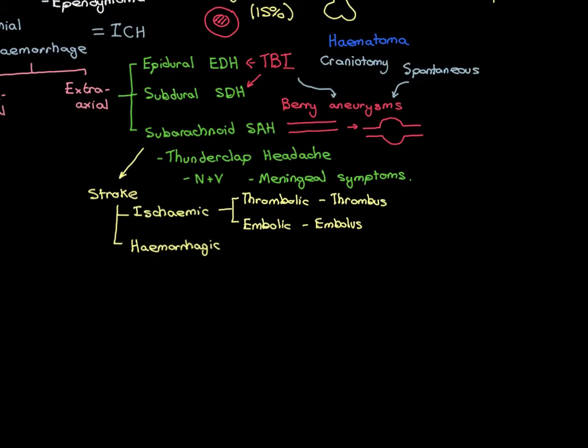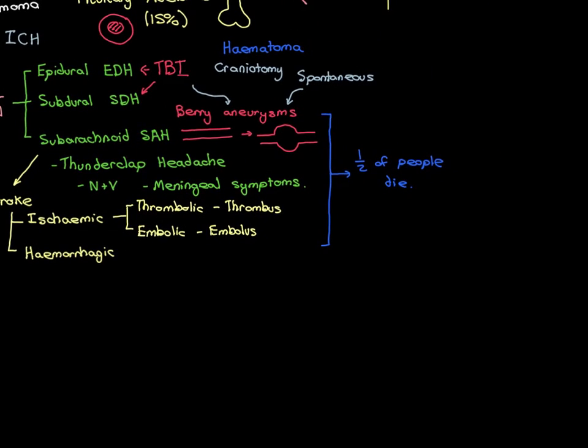So the subarachnoid hemorrhage, as you can see, is more complicated than epidural hemorrhage and subdural hemorrhage because there are all sorts of things that can go on here. If you survive it, and I'm going to put here, half of people will die. So half of the people who suffer from a subarachnoid hemorrhage die. But if you do survive it, then what must have happened is the blood vessel that had the hole in it that was hemorrhaging must have somehow filled in that gap.